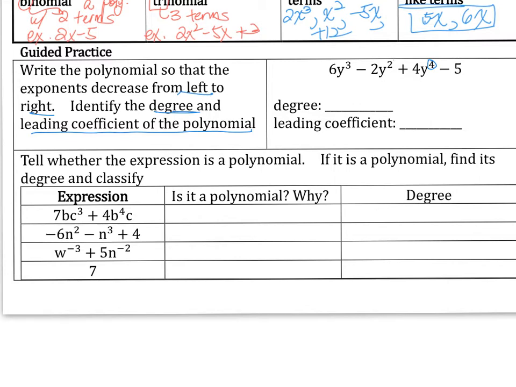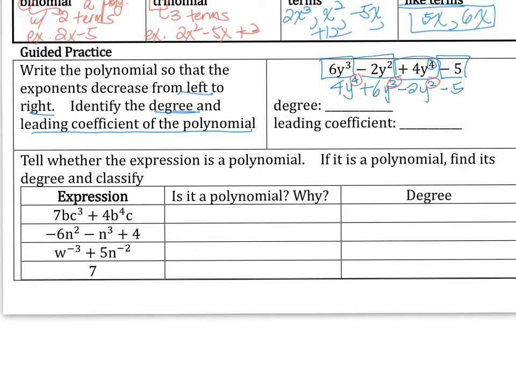So I'm going to write 4y to the 4th power, and then I'm going to add 6y cubed, and I'm going to subtract 2y squared, and then minus 5. As you can see, now I have the exponents in decreasing order.